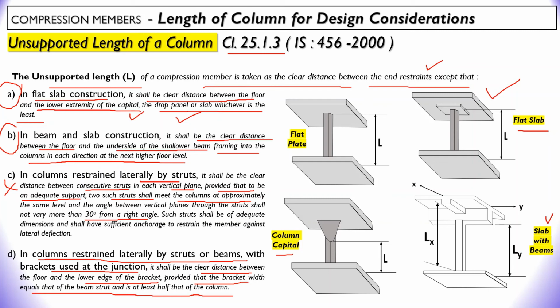So the bottom of the beam and the top of the base floor, this distance Ly, will be the unsupported length of the column. And along the x direction, you can see that the beam has lesser depth. So Lx can be easily evaluated from the lowest level of the beam and the upper level of the floor. So these are a few IS 456 guidelines to calculate the unsupported length of a column.